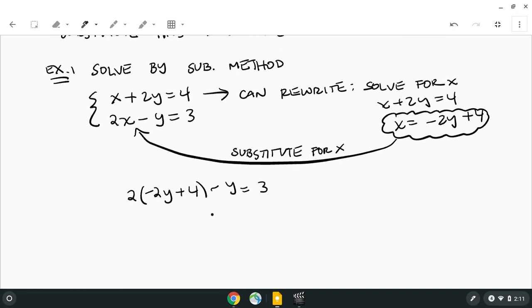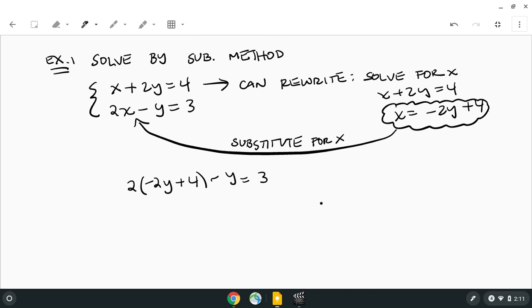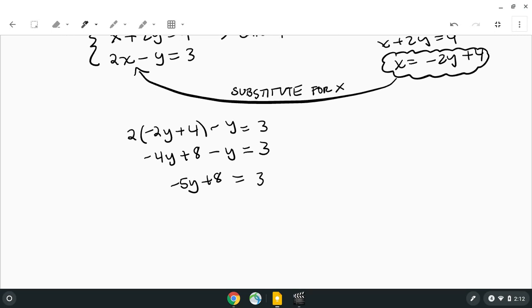So now I can just solve for y. Distribute the 2, and I get negative 4y plus 8 minus y equals 3. I get negative 5y, combining like terms, plus 8 equals 3. Okay, and then here I can continue solving for y.